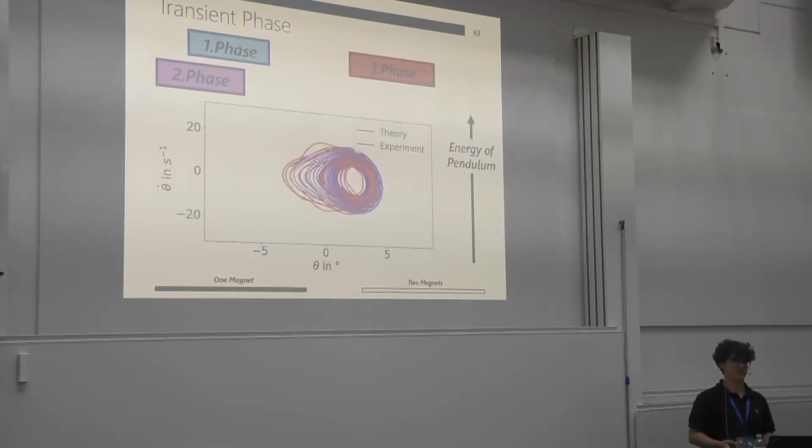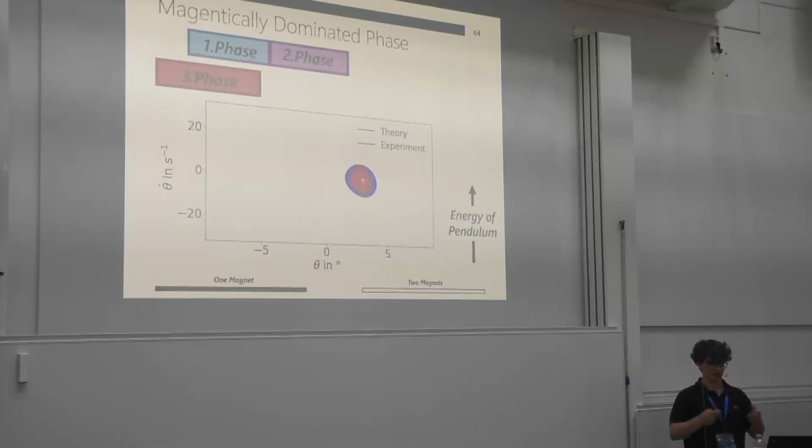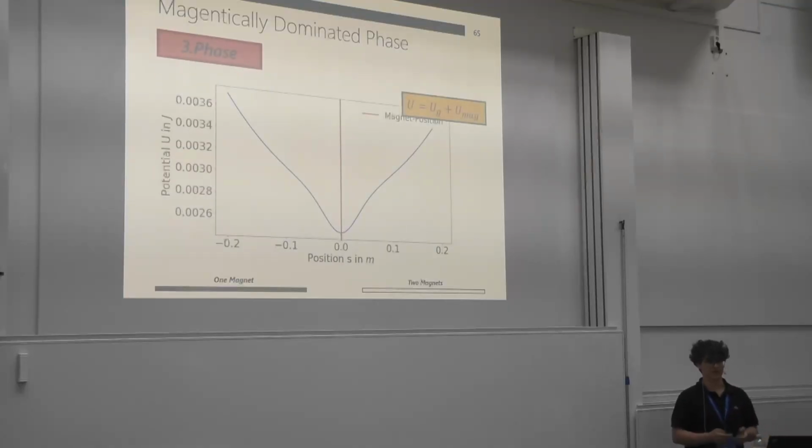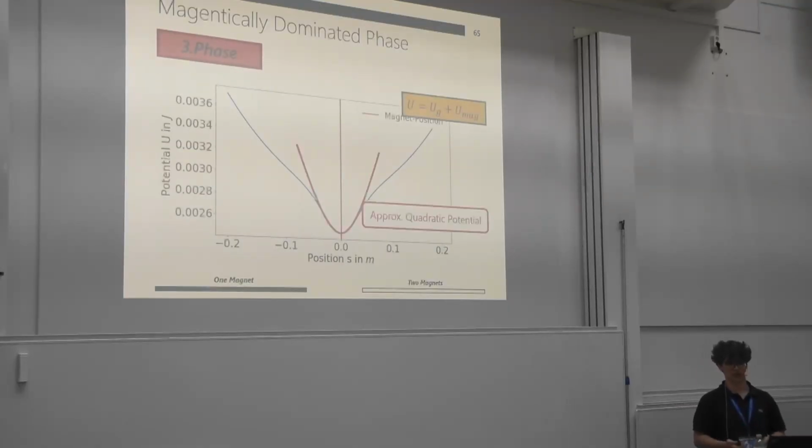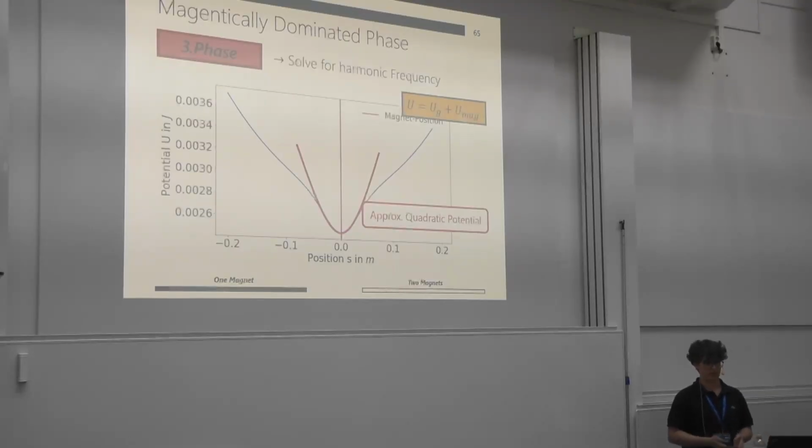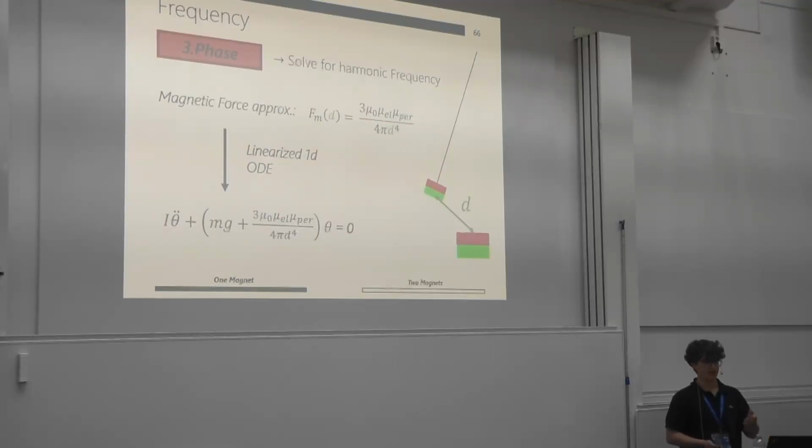Then for the second phase, we see that we have a transient phase here, where we have those attractors in the center, but still the ingoing effect from the gravitational phase is there. And then when the pendulum loses some more energy, we have this ingoing elliptical again. In this case, it is the magnetically dominated phase, which we can also check by the frequencies, approximating this to be a quadratic potential and then doing a magnetic force approximation only dependent on the distance.